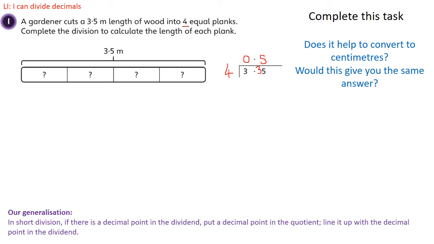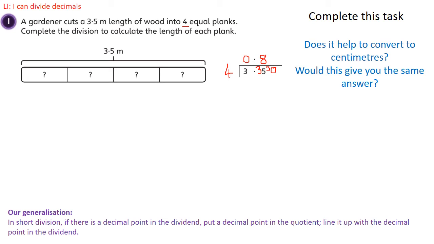What is the remainder? Remainder is 3, but I've run out of digits. So I'm going to have to put a 0 in as a placeholder. Now I can carry over my remainder. So now I've got 30 divided by 4.